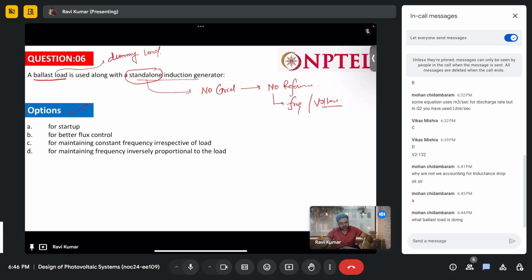So if there is no reference point, this induction generator itself has a dummy load, and these loads regulate frequency, or we can say voltage.